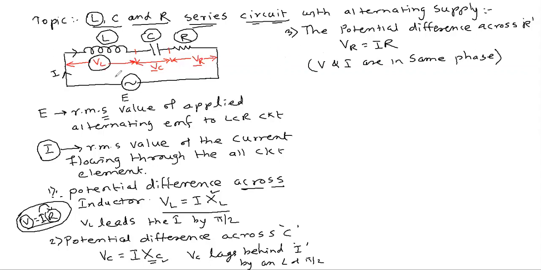Now the respective potential differences across L, C, R are given by VL, VC, and VR. Since VR and I are in the same phase, we will now draw a diagram in which we will show all these things. So let us draw the diagram.